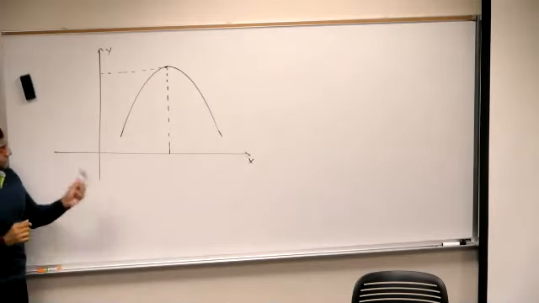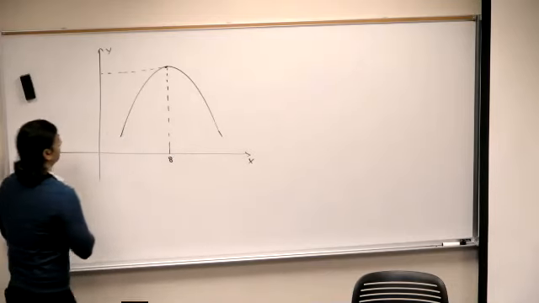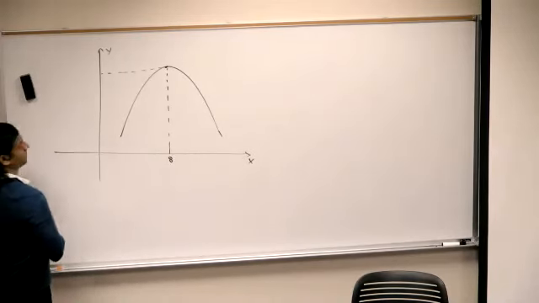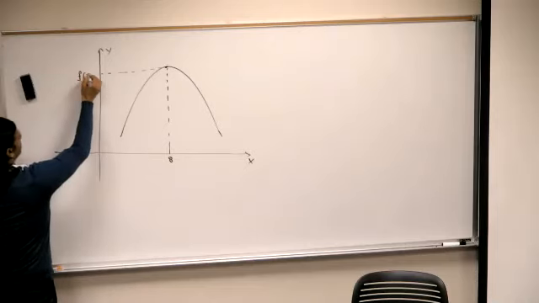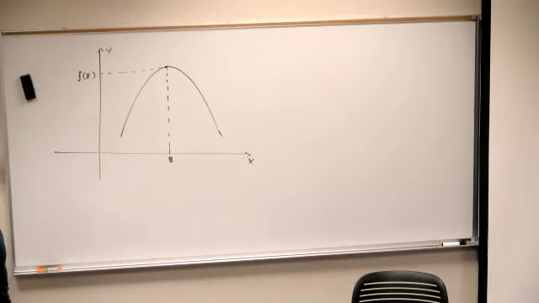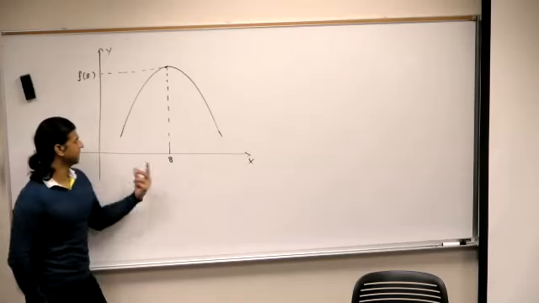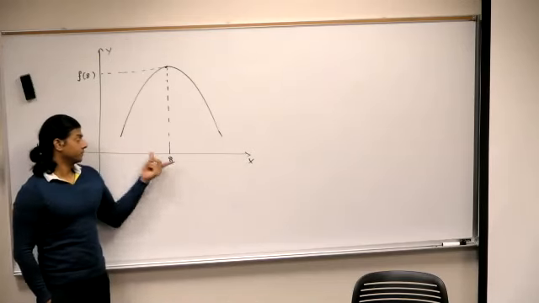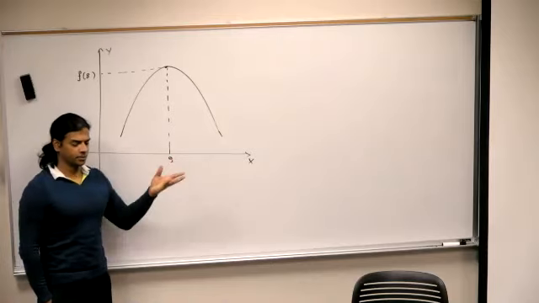So let me just say this is the number 8. I'll call it f of 8. So what we're saying is we don't know the y value associated with it. I can come up with one, but there is a maximum at x is equal to 8.